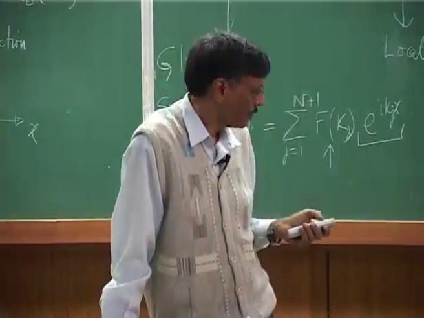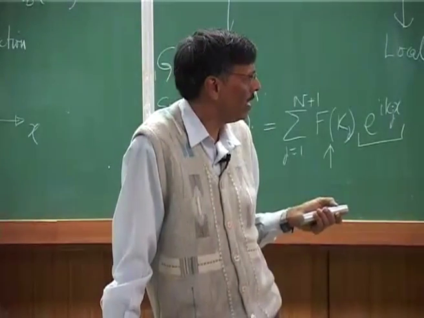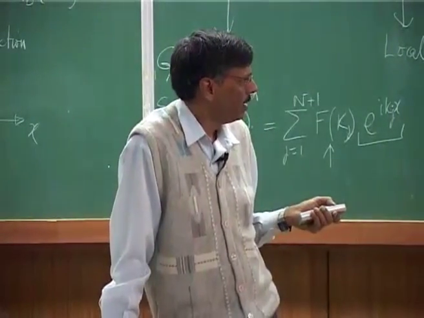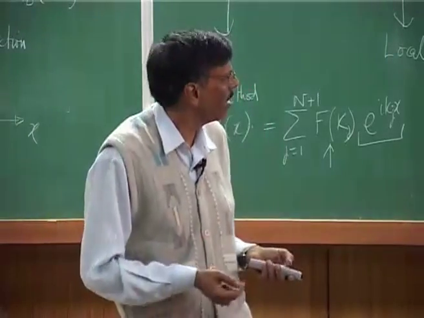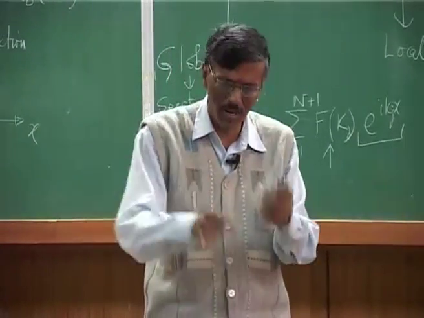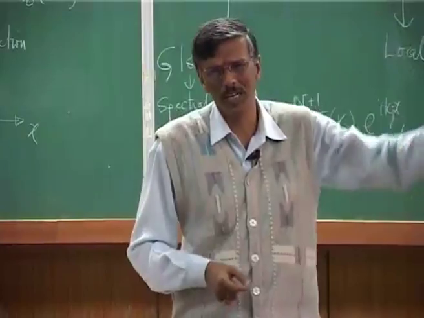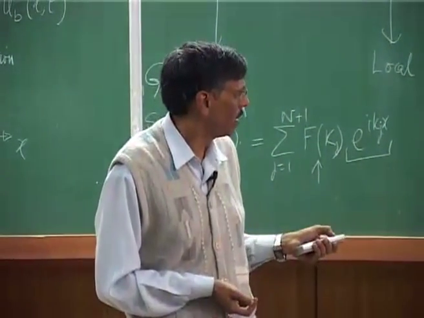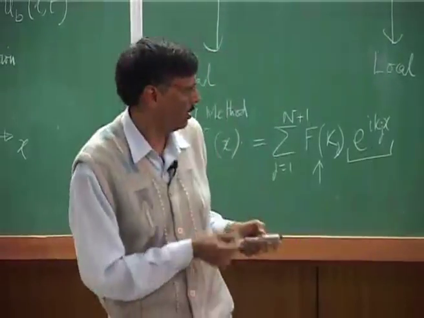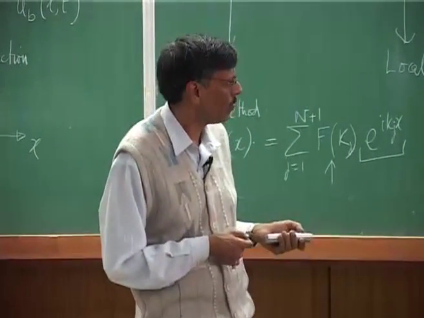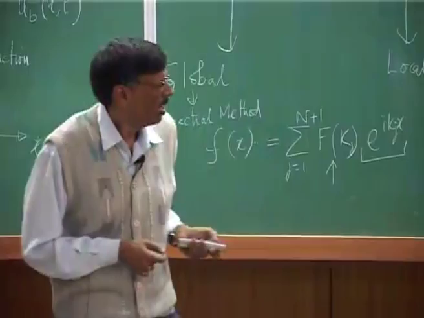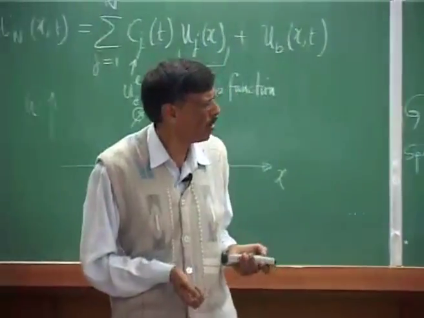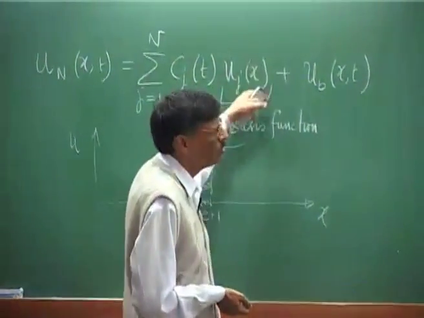Okay. So elements are basically related in terms of their neighborliness. You would not see one element coupled to another element which is far distant, right. They are contiguous, they are neighbors of each other. Okay. So what do we do about this uj of x?